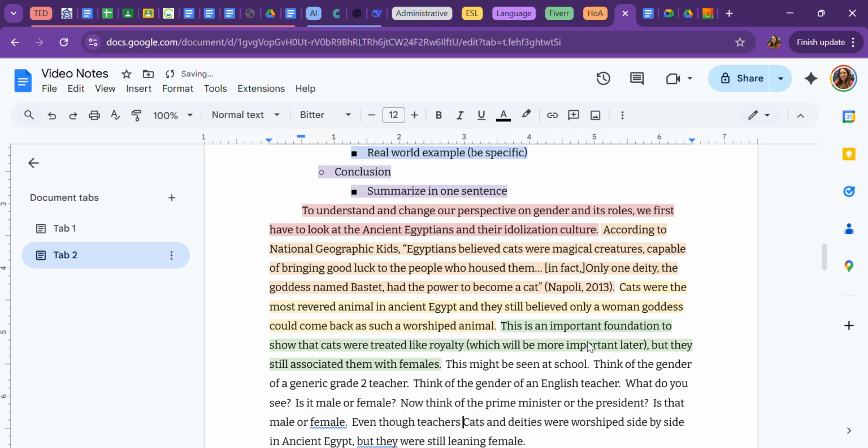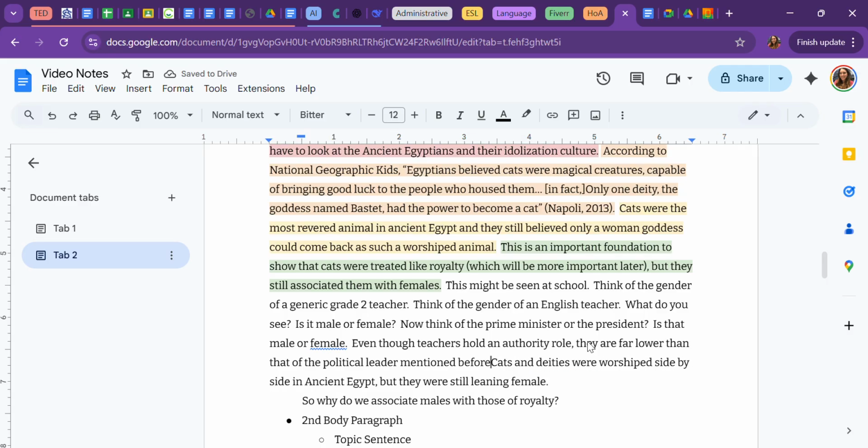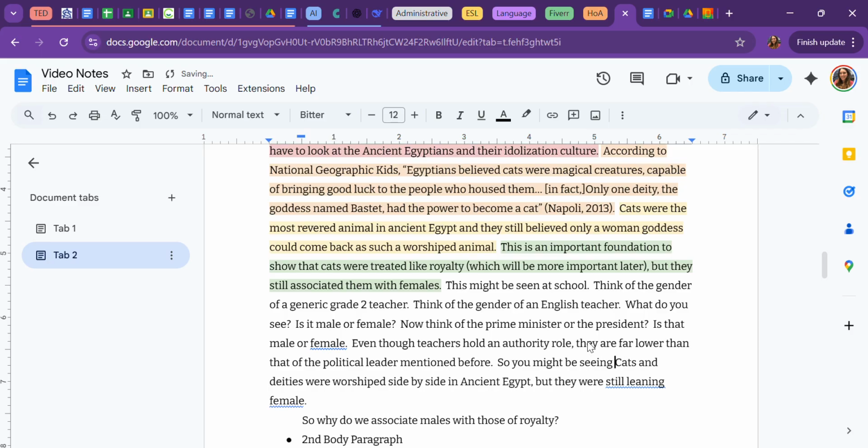Even though teachers hold an authority role, they are far lower than that of the political leader mentioned before. So you might be seeing teachers as women and political leaders, government officials, as men.